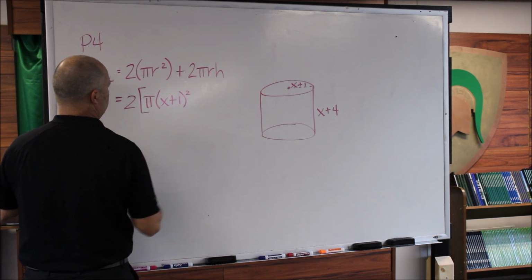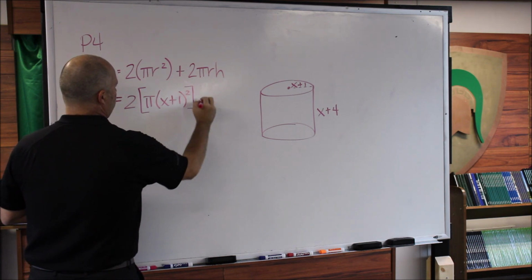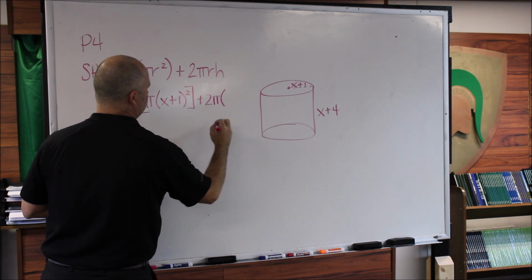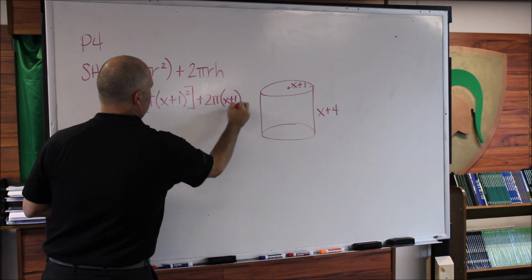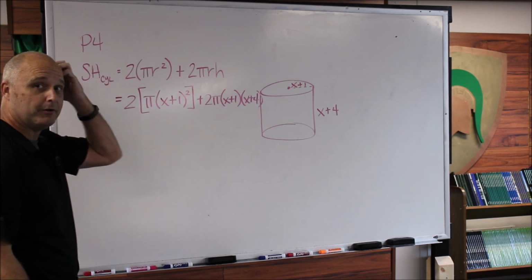So we're going to have x plus 1 squared, and then close off that bracket, plus 2 times pi times the radius, x plus 1, times the height, x plus 4. I should have given myself a little bit more room there, but we'll just make do.